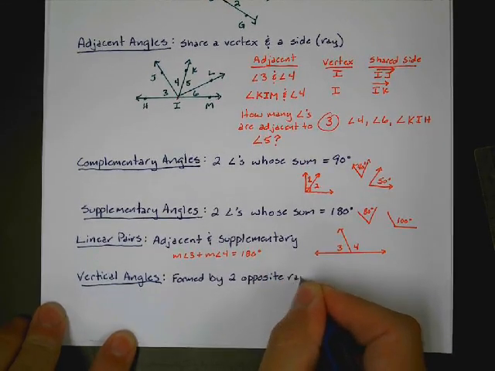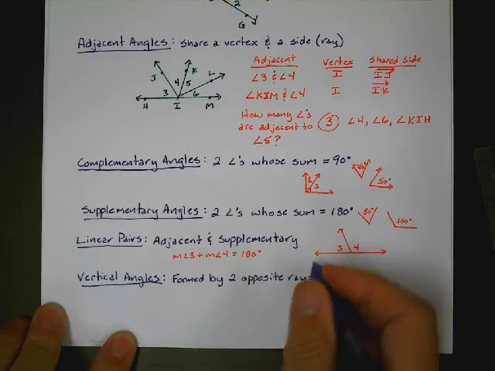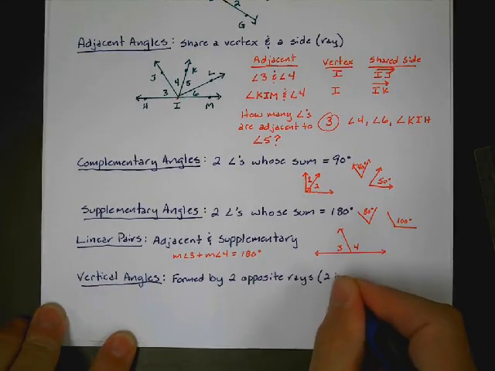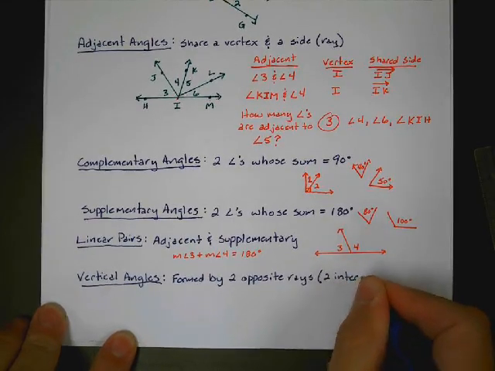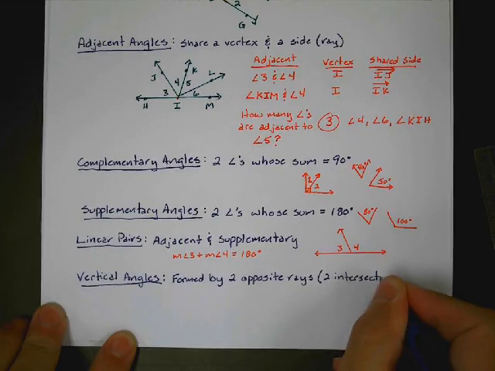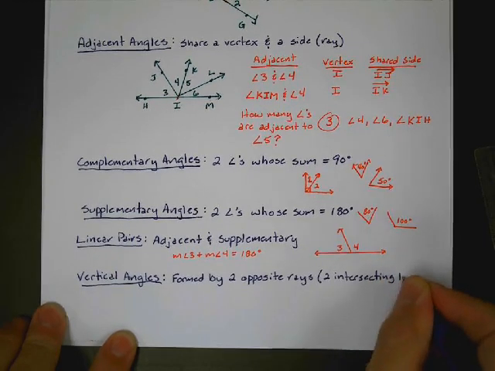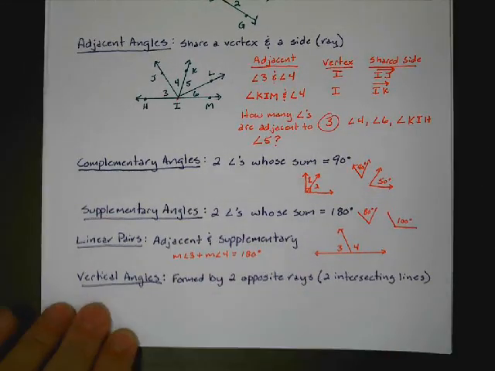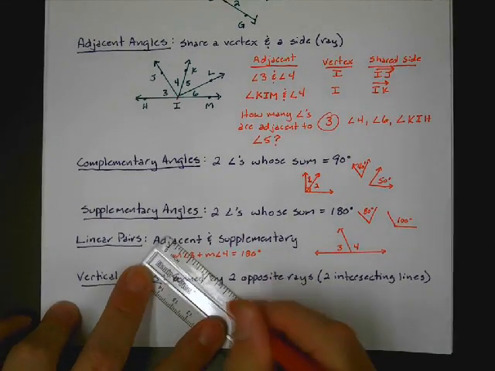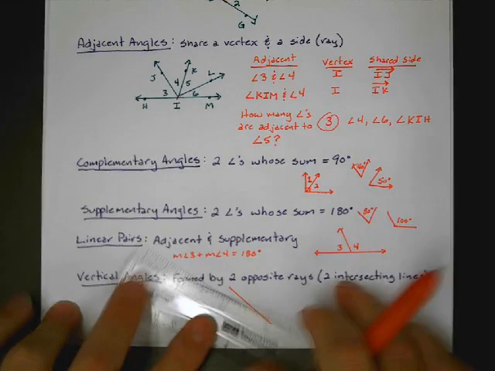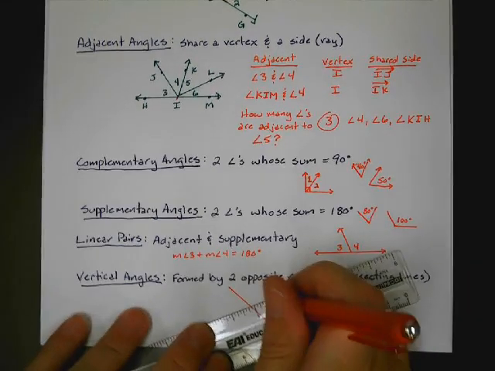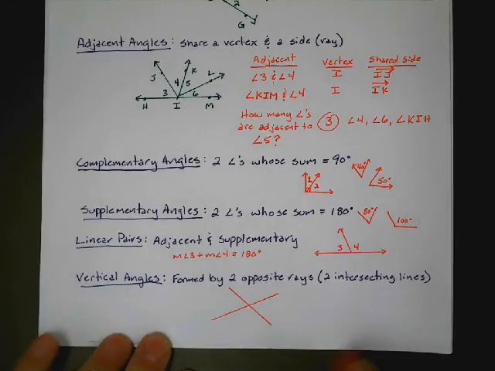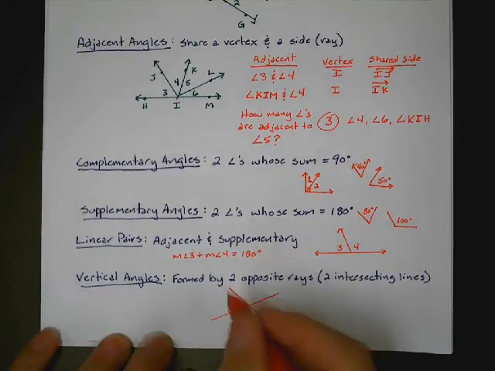And when you have two opposite rays, basically you have two lines that intersect. So two intersecting lines. So what's that look like? It looks like this. There you have two intersecting lines, and it always forms four angles.